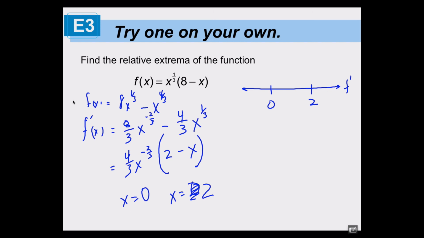Before you start plugging and chugging, what can you tell me about x being raised to the 2/3 power? It's always positive, because you're going to end up squaring it, and the squaring will make it positive. So you don't even need to plug in there, you just need to plug into the other one and multiply the signs together.